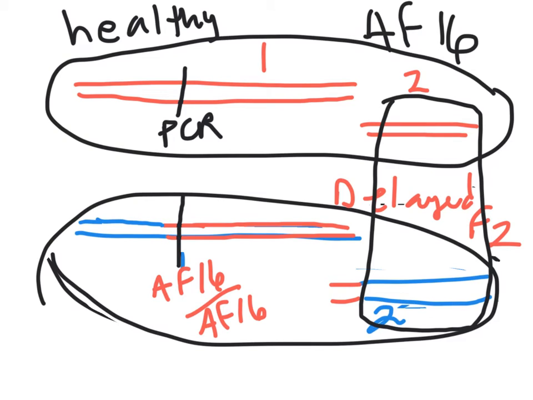So what Leo and others in the lab continue to do then is to ask, now that we think you have to be red over red, AF16 over AF16, both copies of the AF16 chromosome here, now we're looking everywhere else in the genome to figure out where is there a difference genetically between what AF16 has and what the delayed worms have.